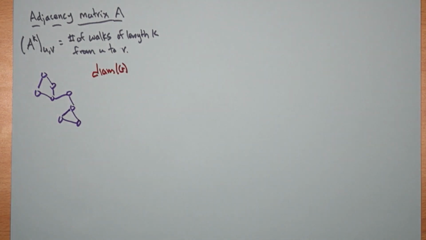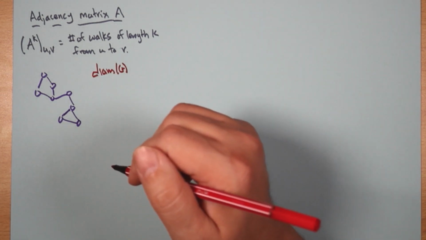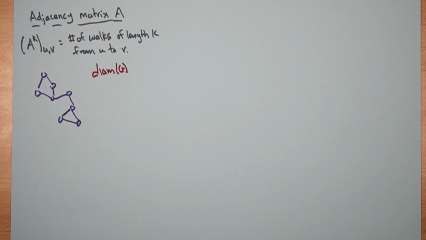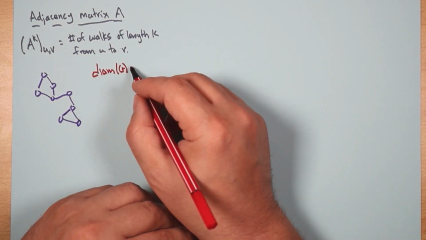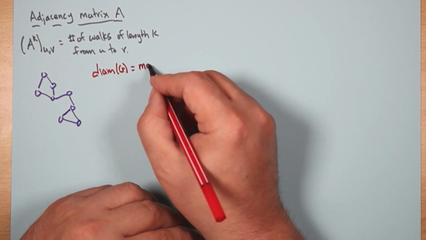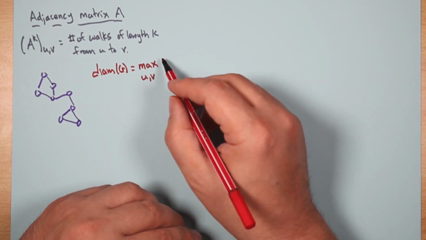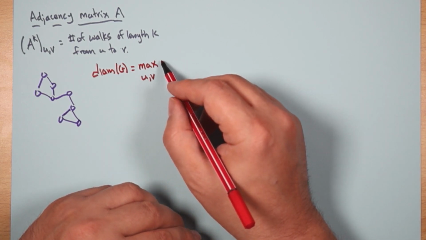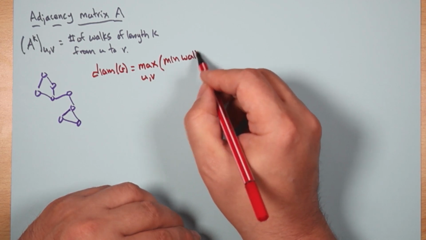Well, the diameter of G relates to just how far apart vertices can be. Instead of giving a really formal definition, we could say it's the maximum over all pairs u, v of vertices of the minimum walk length from u to v.